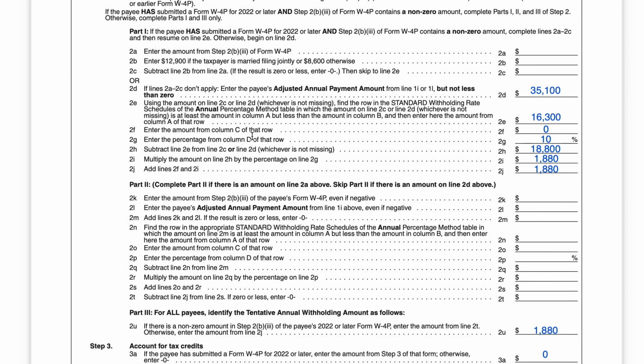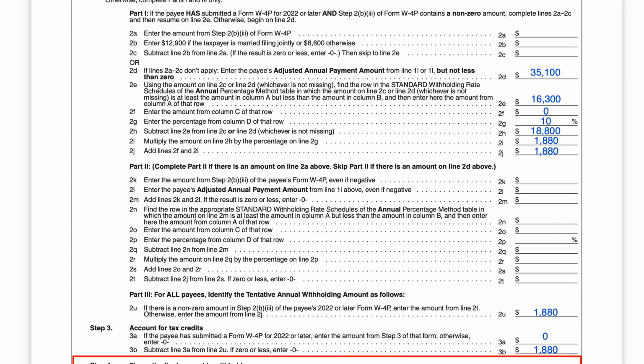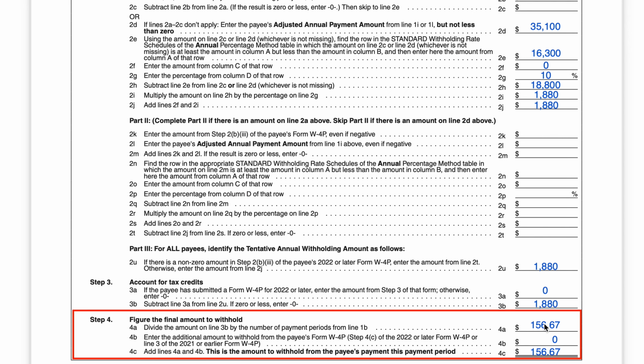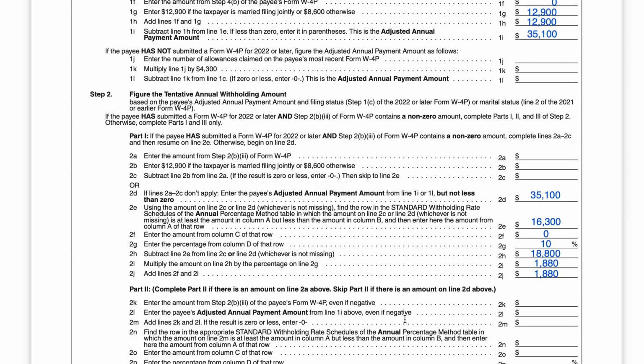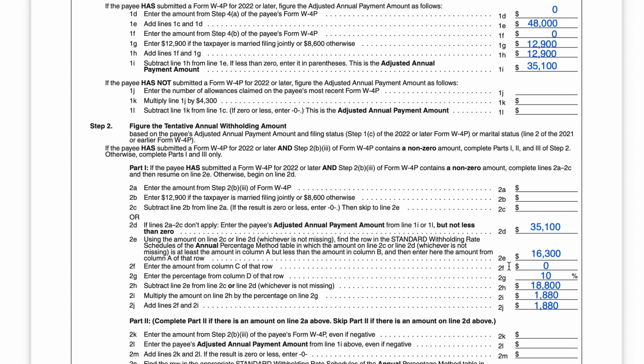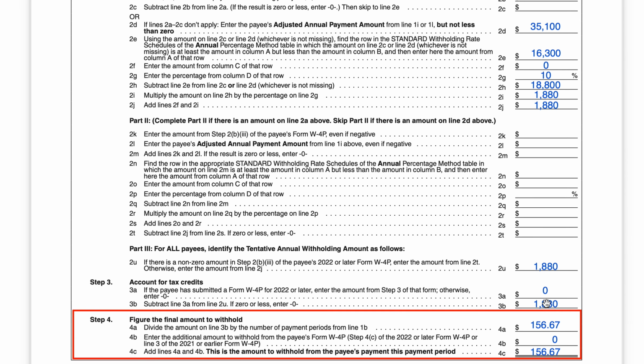And step 4 is determining the final amount to withhold. We're going to take that 1880 and we're going to divide this by the number of payment periods from line 1B. And if you recall, the line 1B, we're getting paid monthly, so we're going to calculate this 1880 on a monthly basis.